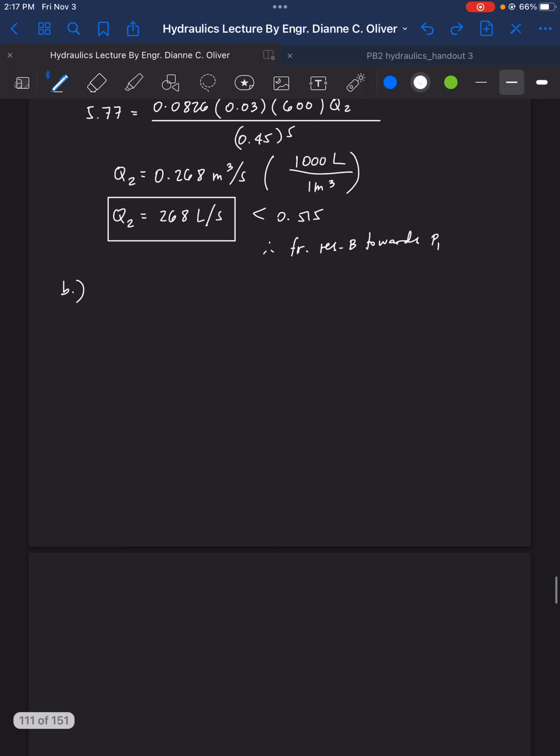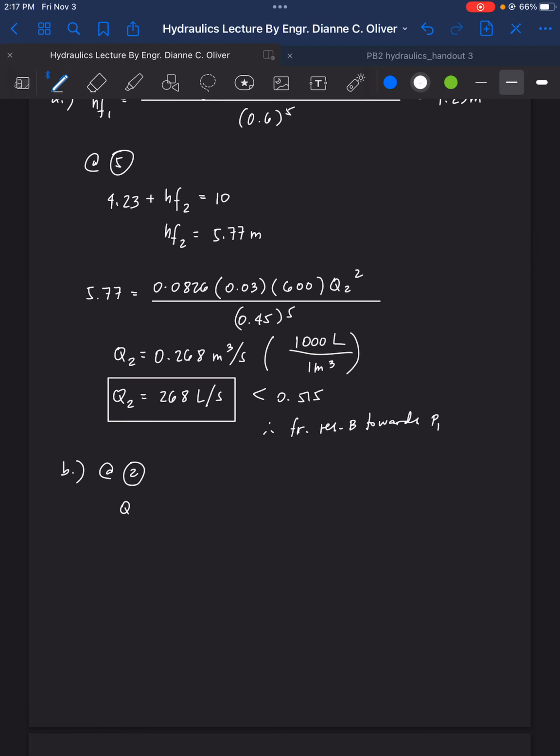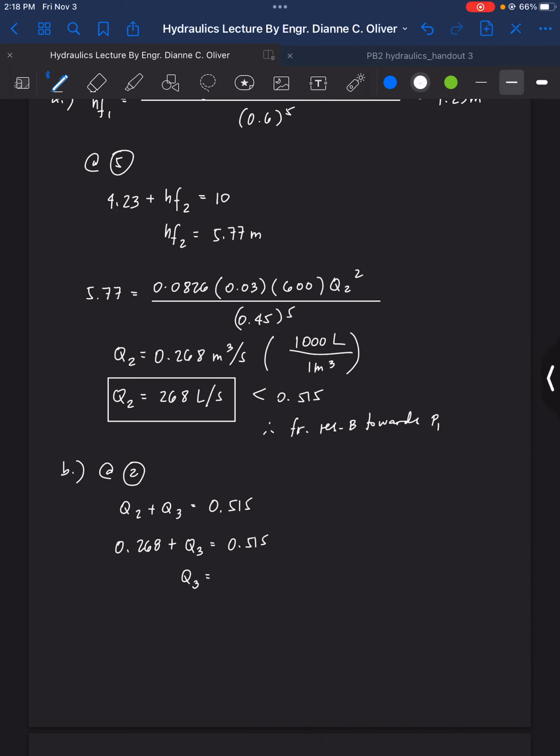At equation 2, we have Q2 plus Q3 is equal to 0.515, Q2 being 0.268, plus Q3 equals 0.515. Q3 is equal to 0.515 minus 0.268, 0.247. So Q3 is 0.247 cubic meter per second.